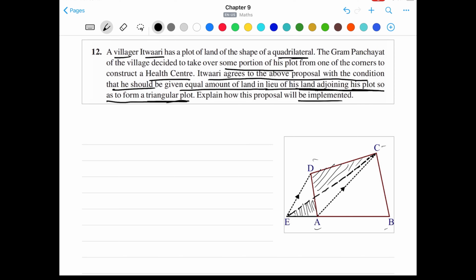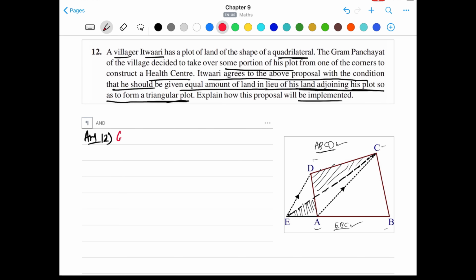The earlier shape is the quadrilateral ABCD. Now the new shape of his plot is triangle EBC. What we have to prove is that the area of his earlier quadrilateral plot is equal to the area of his new plot, the triangle EBC. Let's write the answer to number 12.